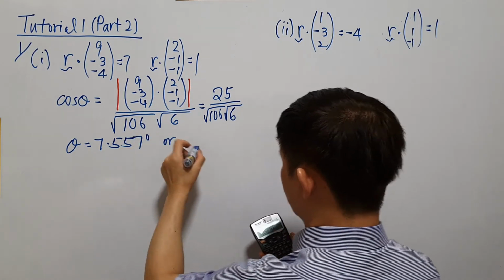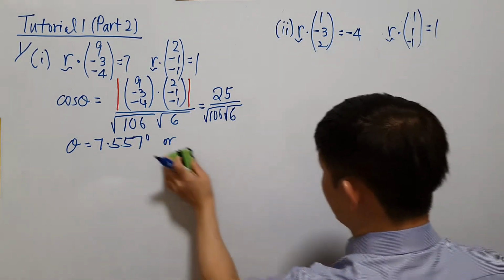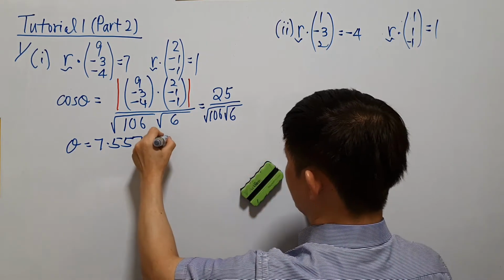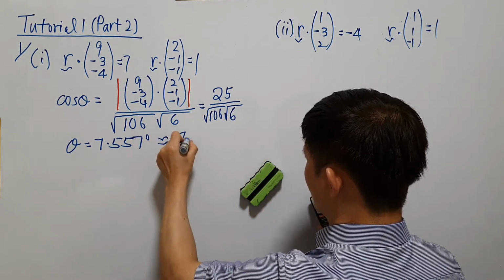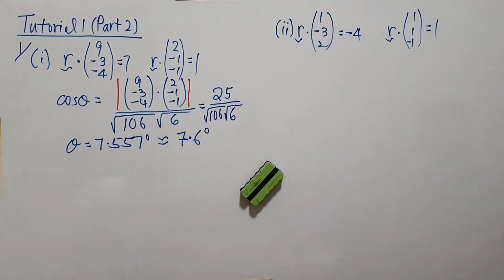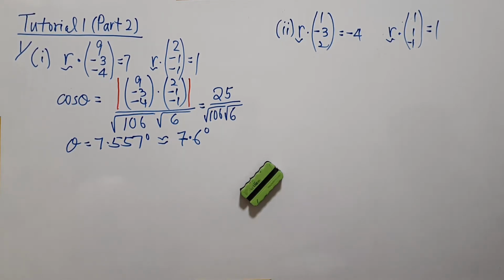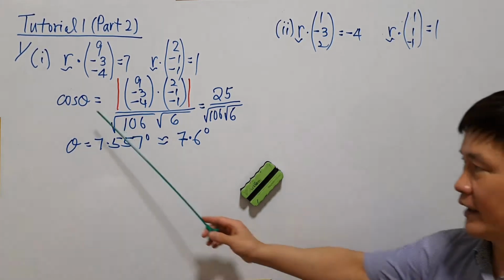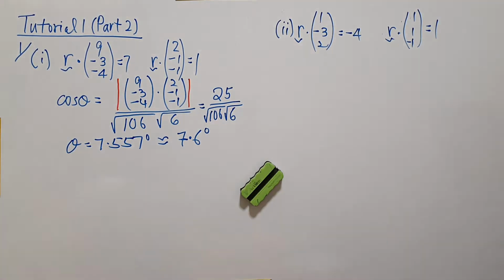Let's round off. It's approximately 7.6 degrees. This is how you can find the angle between 2 planes. So bear in mind, you must always put a modulus. Just make sure that the angle will turn out to be an acute angle.